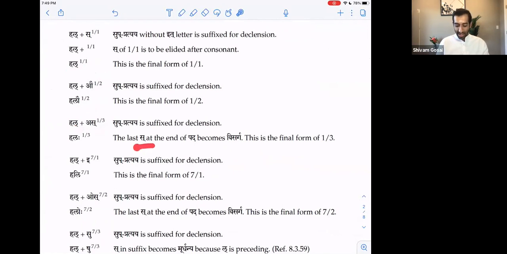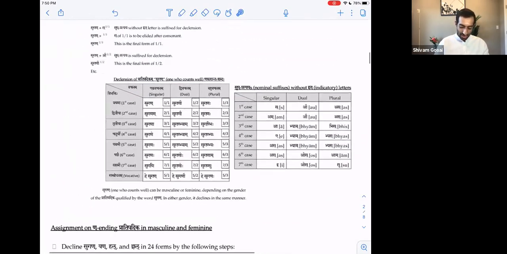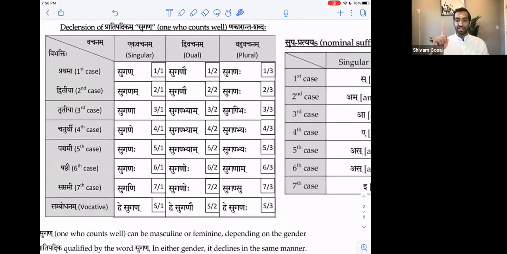The last sa at the end of a pada, at the end of the word, becomes a visarga. So this is the final form of 1-3 is Suganaha. Right? So let's chant that. So how do we do this first? Right? Sugan plus sa becomes Sugan.